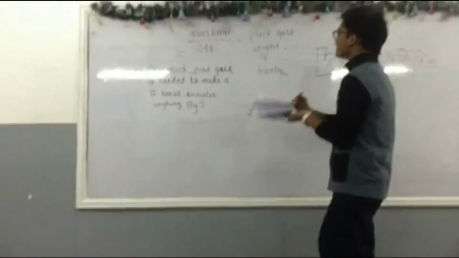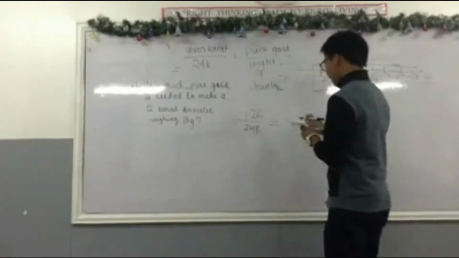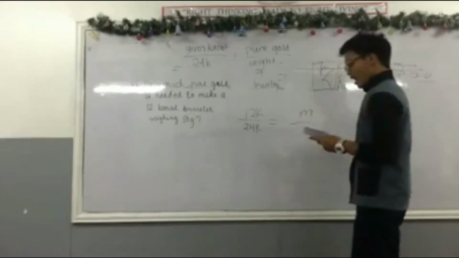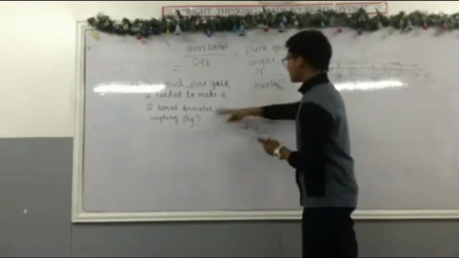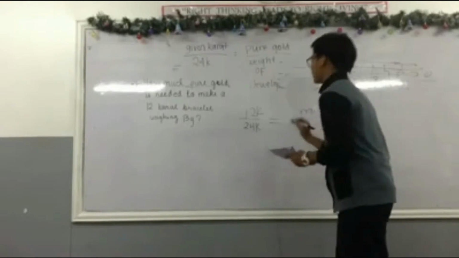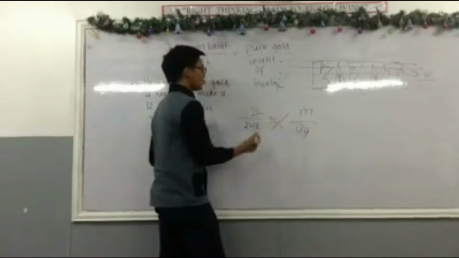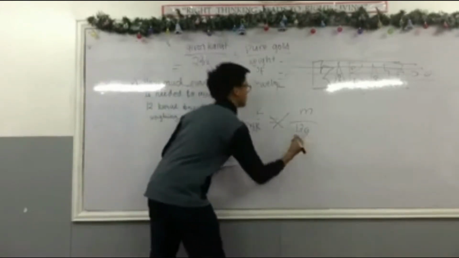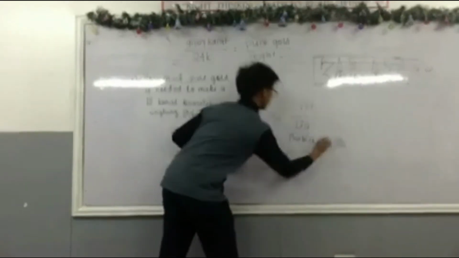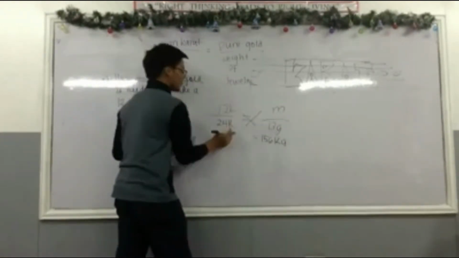We have the given carat, which is 12 carat, and the missing pure gold will stand as n. And what is the weight of our bracelet? It's 13 grams. So we will cross multiply: 12K times 13 grams is equal to 156 carat grams, which is equal to n times 24K.